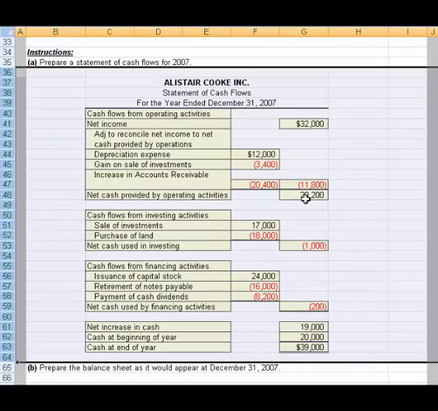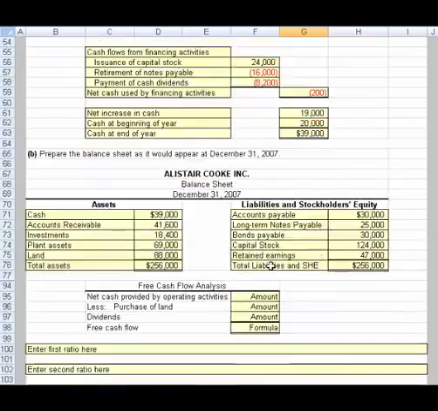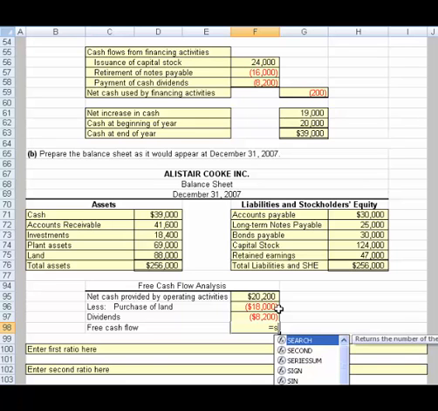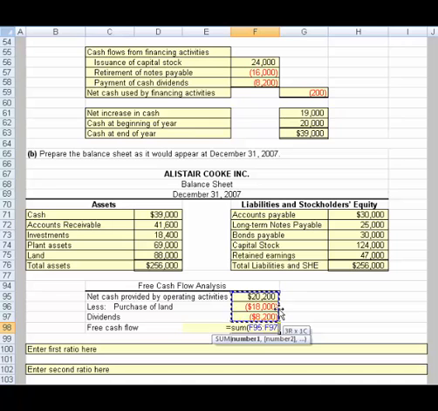And it was 20,200 right there, so let's grab that. I'll just type it in. And then the purchase of land was 18,000. Okay. Dividends were 8,200. And that's our calculation. I'll just sum this of free cash flow. So free cash flow was a decrease of 6,000.